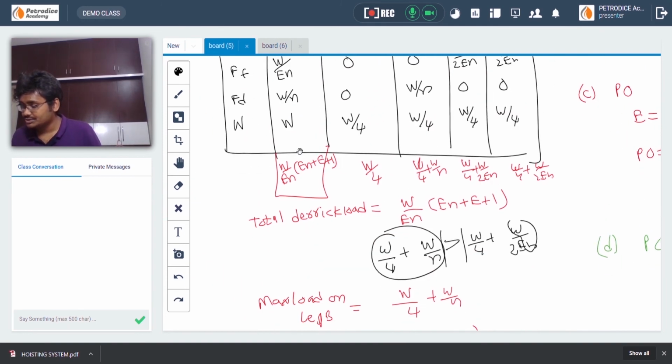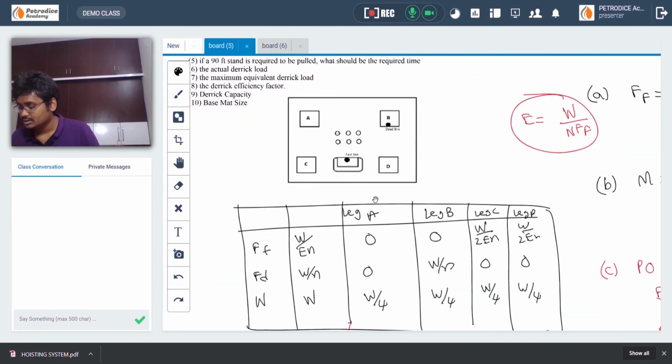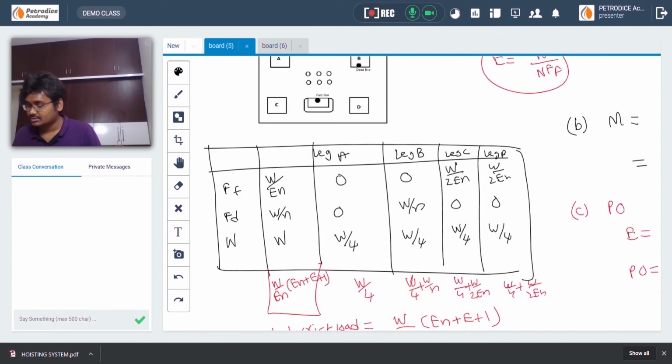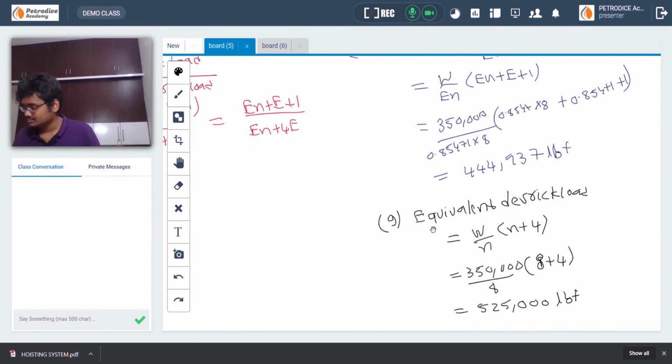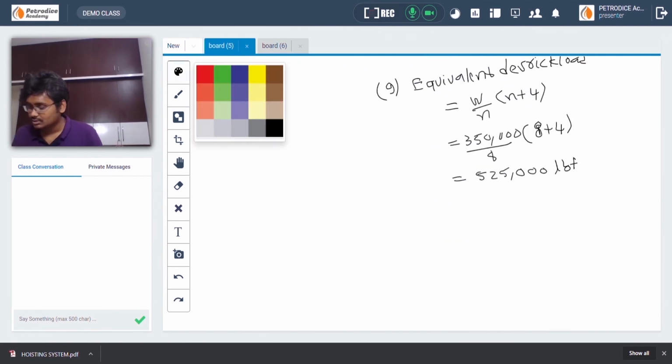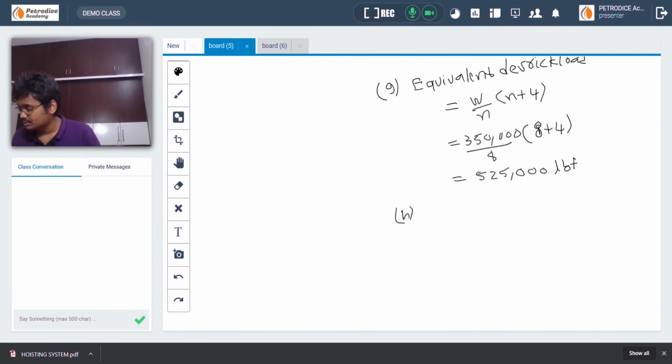Okay, the next question is derrick efficiency factor. H is derrick efficiency factor. It is given by En plus E plus 1 divided by En plus 4E.